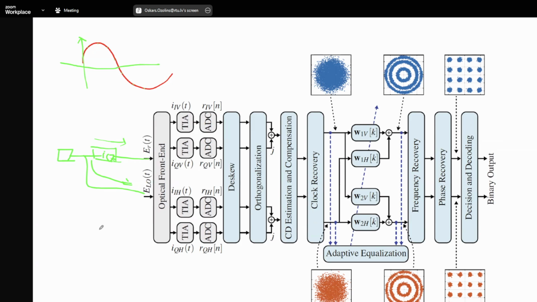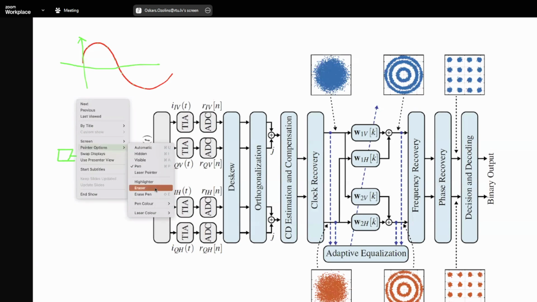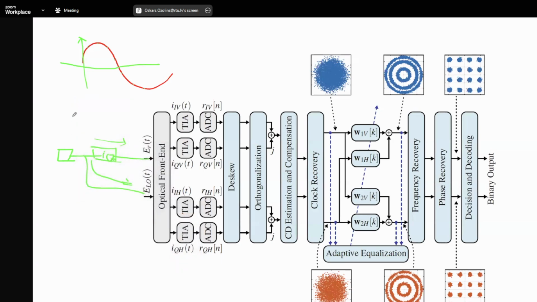So in practice, we use heterodyne systems. In heterodyne systems, the wavelength is different, so we don't use the previous approach.